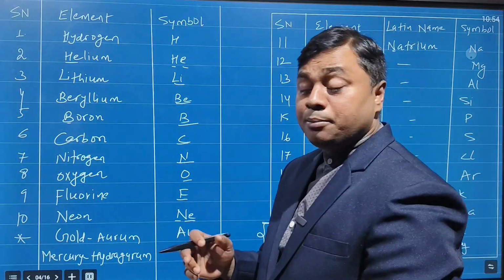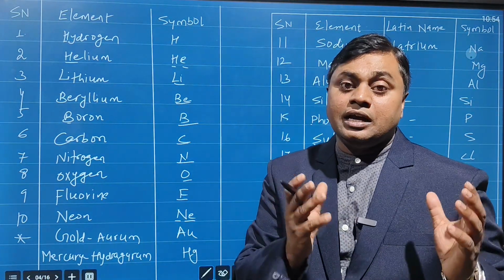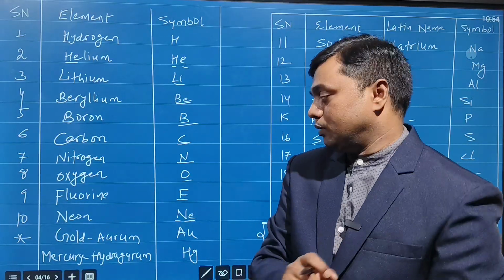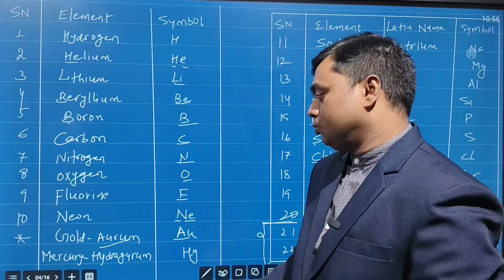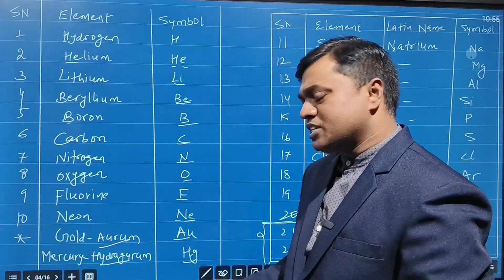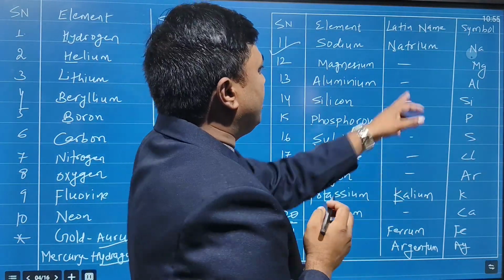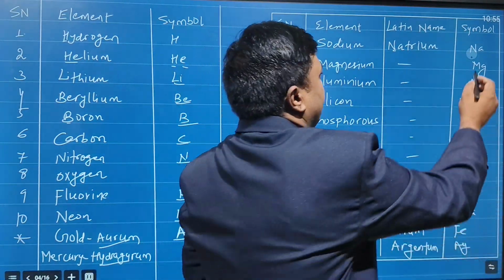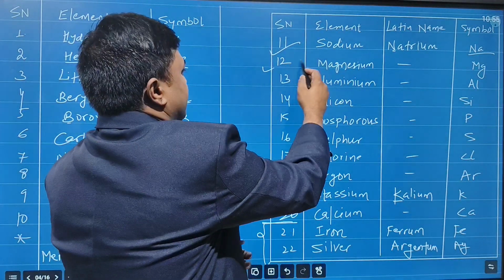Some elements have their symbols written with their Latin names. Like gold, Latin name is aurum, so the symbol is Au. Similarly, mercury, hydrargyrum, so Hg is the symbol. Next, sodium. Latin name of sodium is natrium, so Na. Next, magnesium, Mg.